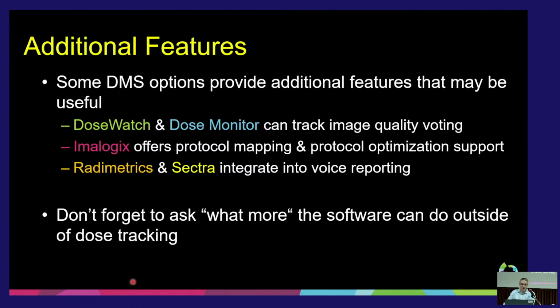All right. And then obviously, if you're looking, just ask what else can my software do? Does it only do dose monitoring, or can I do more? A lot of the newer softwares are incorporating many different options. The Dose and Care that I referred to that we're looking at does a lot, where it integrates with the RIS and the HIS system, and we can make comments and it will store those comments.